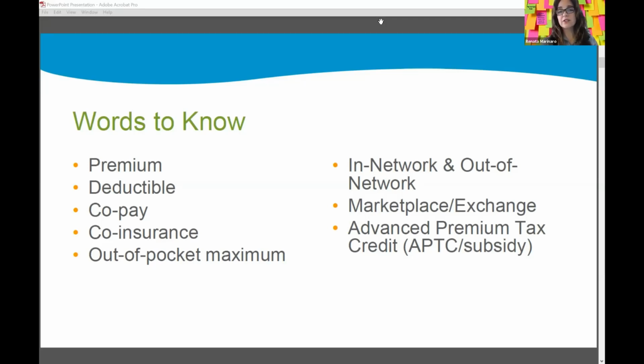If you go to a doctor that's not in your network and you have an HMO, you're paying full freight. So you have to make sure that your doctors are in network, right? You want to make sure that you save that money, that you don't end up paying out of pocket because somebody was out of network.